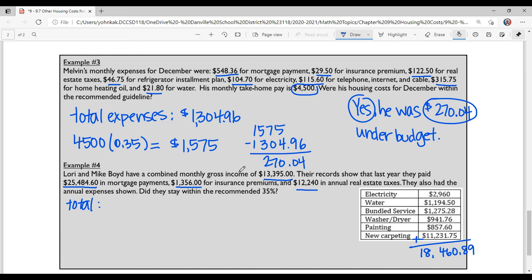So if I add all of the underlined values with the 18,000, I will get total expenses of $57,541.49. If I divide that by 12, that'll tell me my monthly expenses, which were $4,795.12.